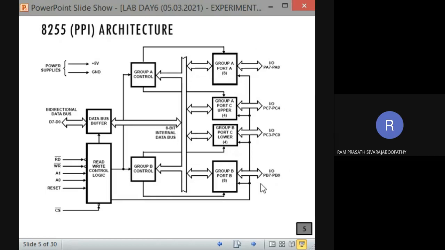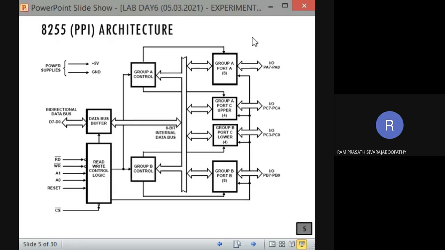So totally how many pins are we having now in total? Ethanai port pin inga irukku paarungappa. So idhula 8 pin, correct? Idhula 4 pin, idhula 4 pin, idhula 8 pin. 8 plus 4 plus 4 plus 8. So totally we are having 24 input output pins, which are from 3 ports.